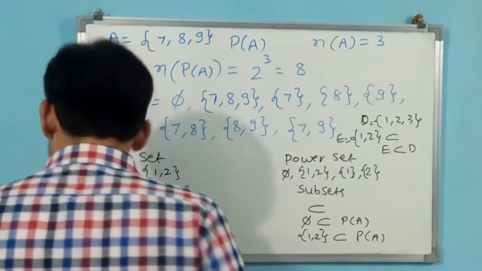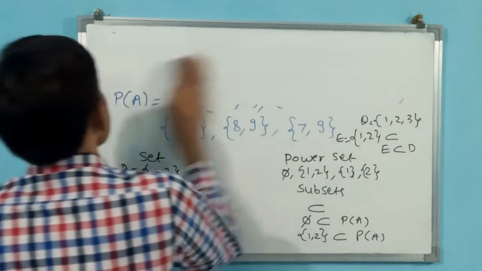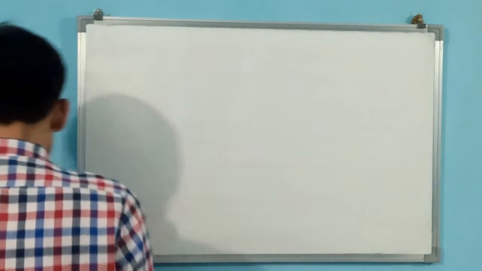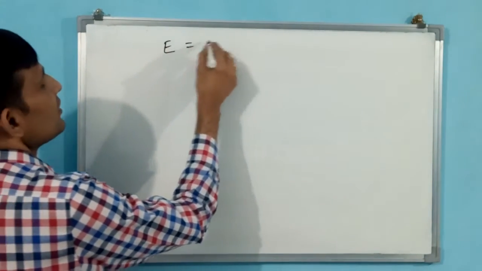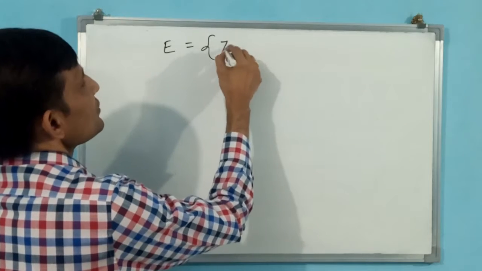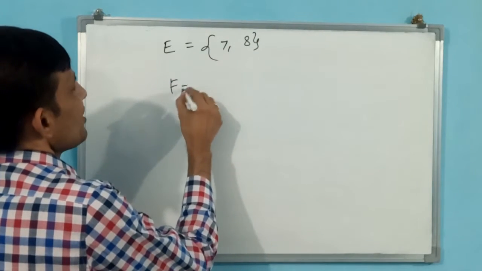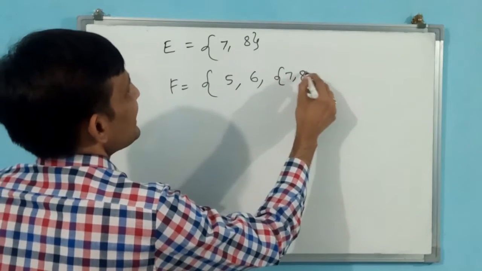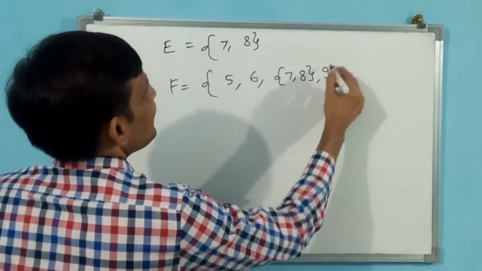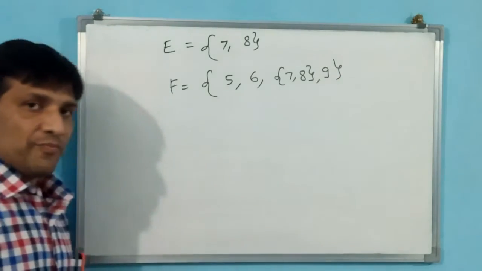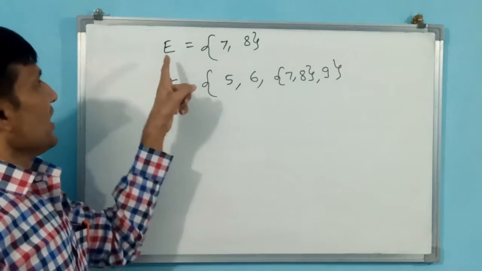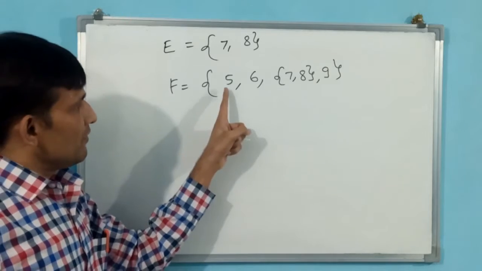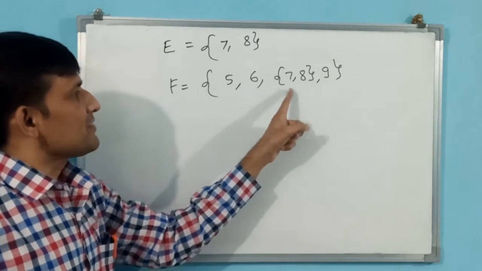Sometimes I will show you one logic also here. Say E is equal to {7, 8}. F is equal to {5, 6, {7, 8}, 9}. At first sight, E is a separate set, but F is having 5, 6, 9 along with 7, 8.